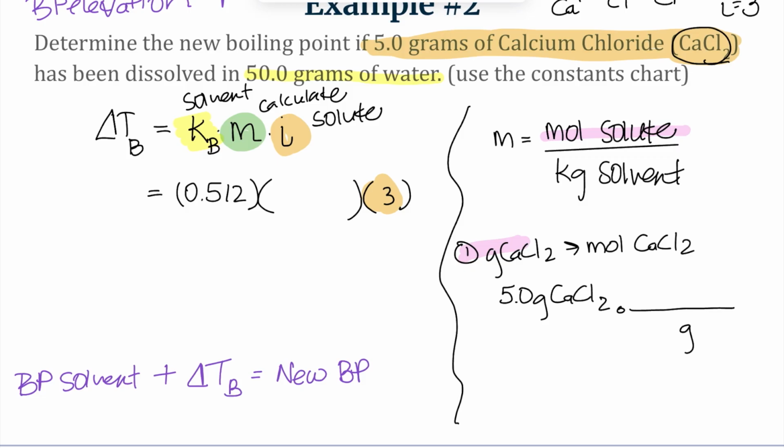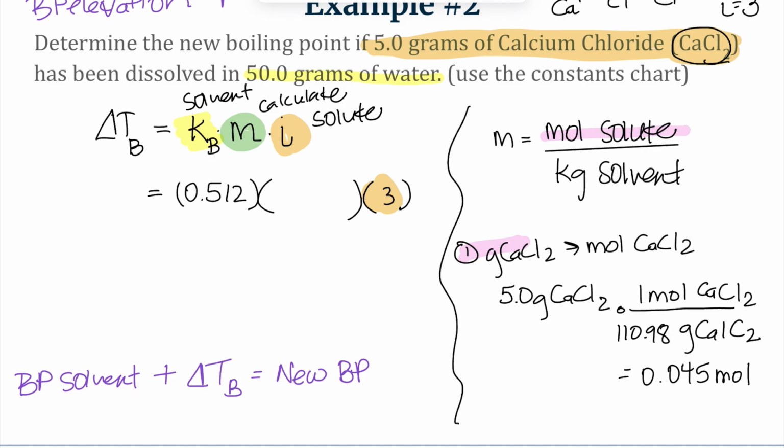We've got grams of CaCl2 on the bottom, 1 mole of CaCl2, and our molar mass is 110.98, which gives me 0.045 moles of that calcium chloride.